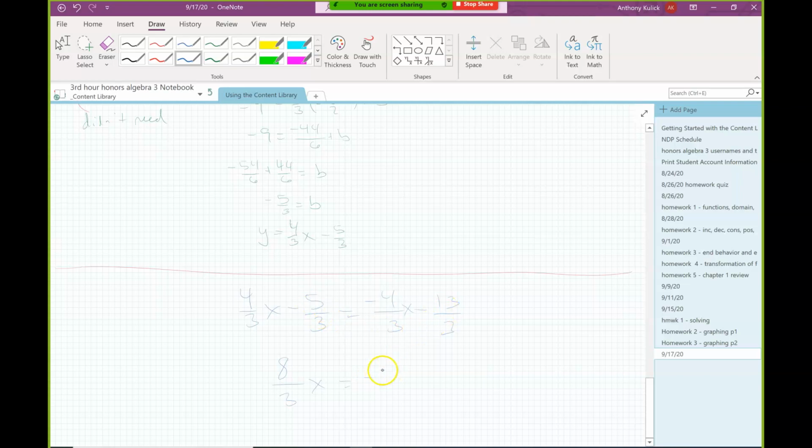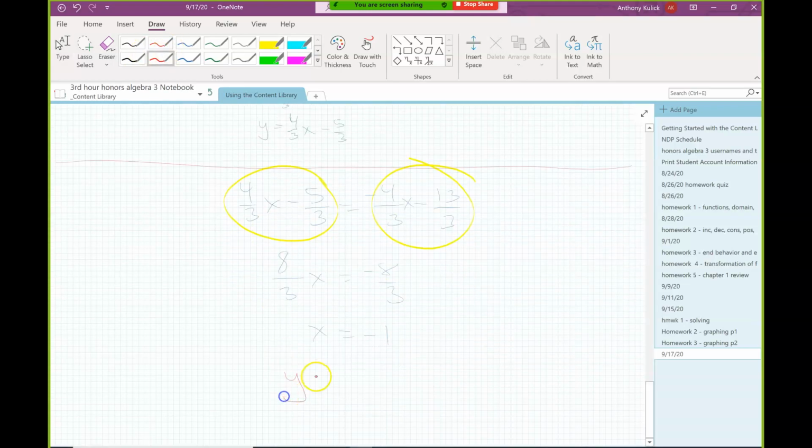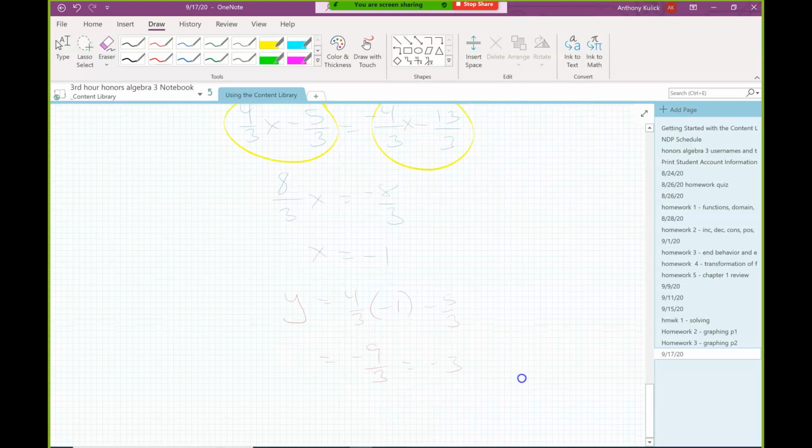If I add that over, I have 8/3. So there, x should be negative 1. Is it clear how I got this? Okay. And now that I know what x is, I can take either one of these two, it doesn't matter, and plug that in to get that.